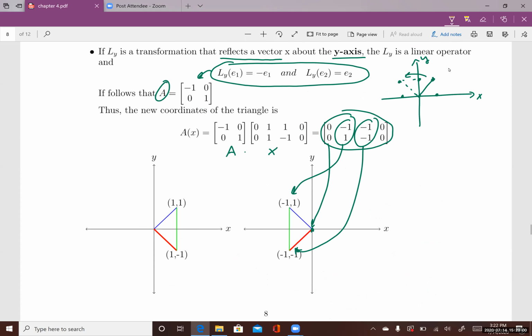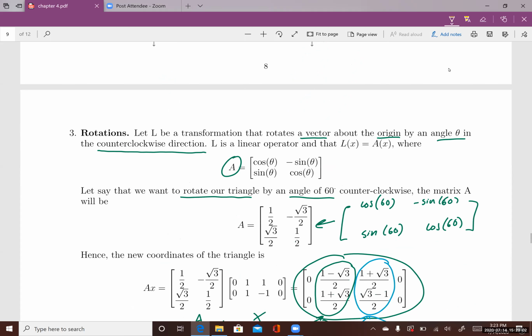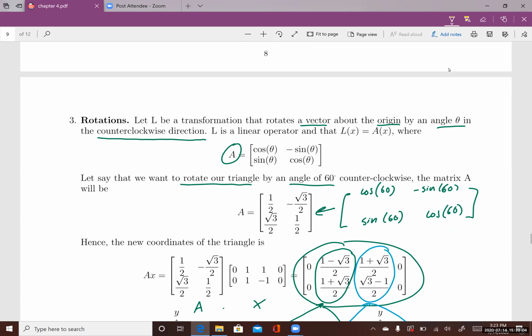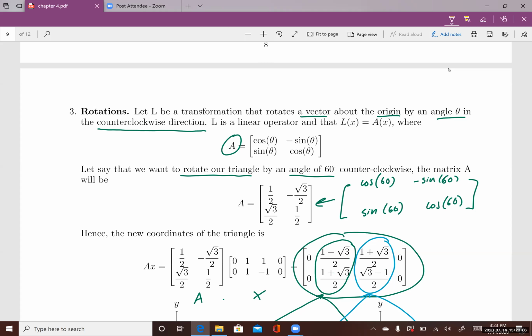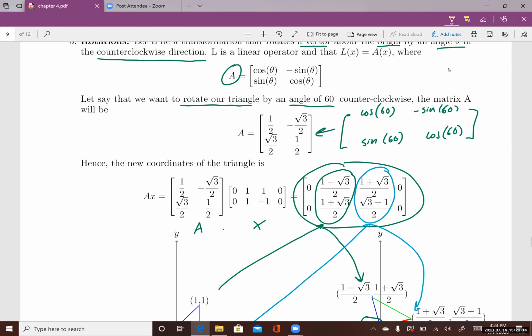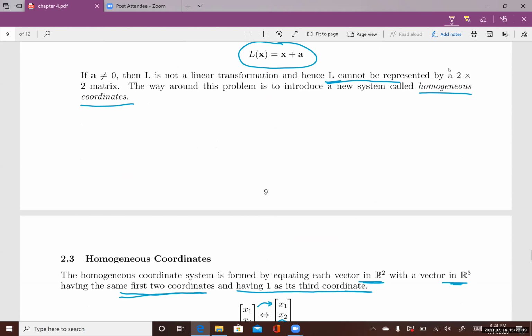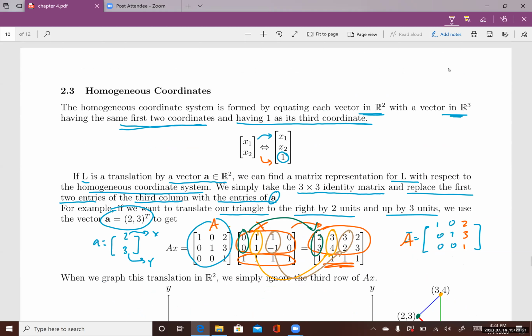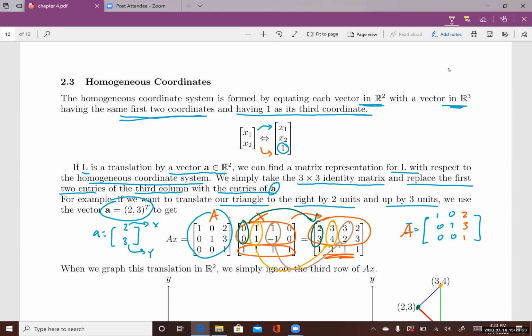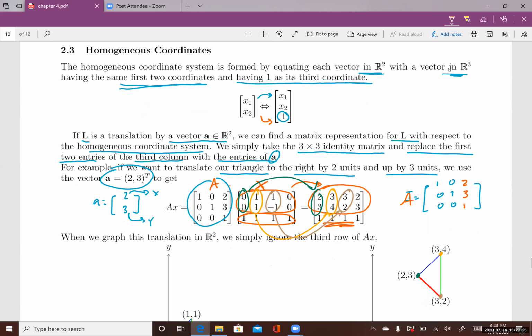You do rotations counterclockwise, or if you want to do rotation clockwise, then you have to come up with a slightly different matrix compared to A. And the last one is translations, but you have to translate your system into the homogeneous coordinate system in order to do translations effectively.